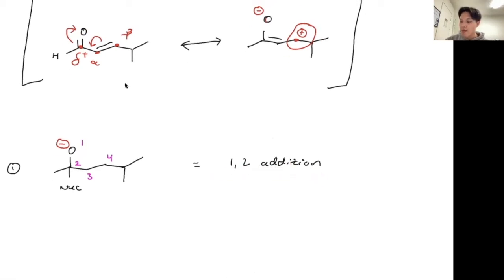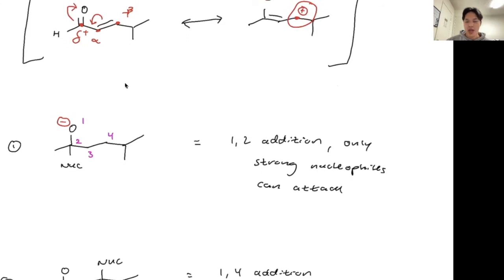Because it's a partial positive, only strong nucleophiles can attack. I'm talking about Grignards. I'm talking just those strong nucleophiles, right?